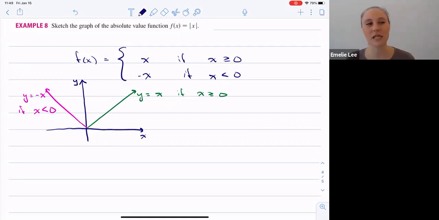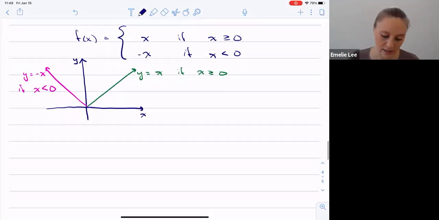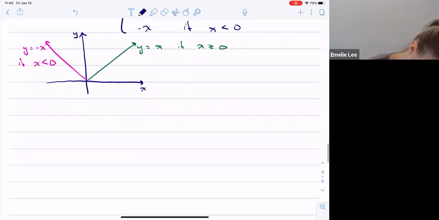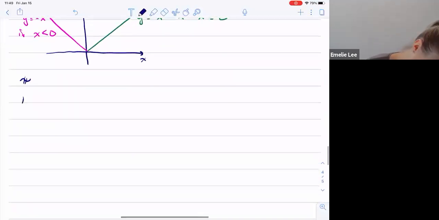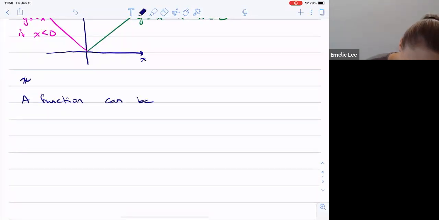A function can be either even or odd, right? I guess this is the end of that example. A function can be even or odd or neither, right?